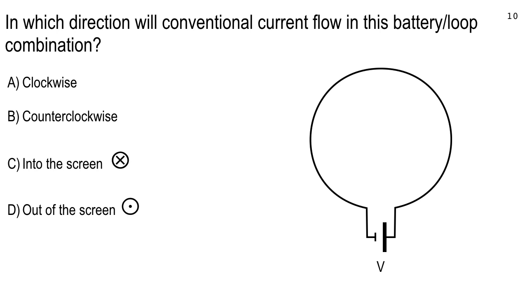So just the conventional current direction. You don't need to use a right-hand rule for this. You just have to look at the battery, because this is a battery symbol down here, with some unspecified voltage V. What direction would the conventional current flow? Let me see what you're voting for.